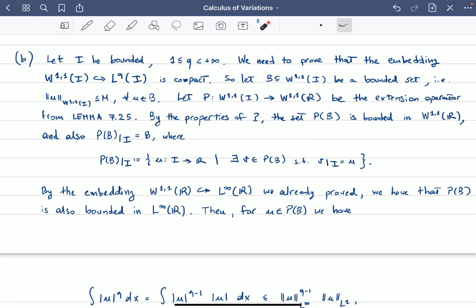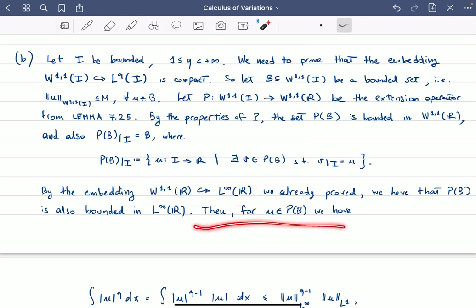Now we know that this embedding holds by the first point. By this embedding, P of B is also bounded in L infinity, because this is a continuous embedding and we know that P of B is bounded in W11, since this operator is linear and continuous.